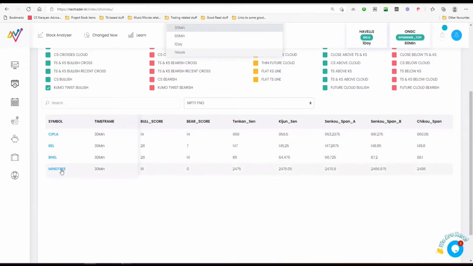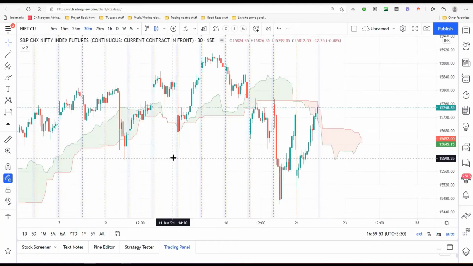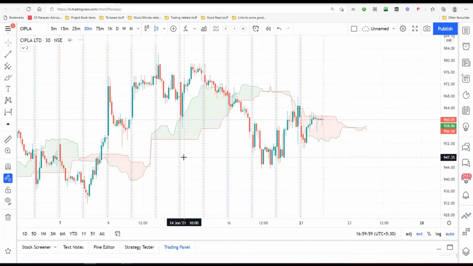on the 30-minute time frame. So let's go and look at Cipla, BEL, BHEL, etc. Okay, and we are going to use the 30 minutes. So here is the 30-minute chart, and I am putting down Cipla, because that is where we got the signal. Now here you go, right?